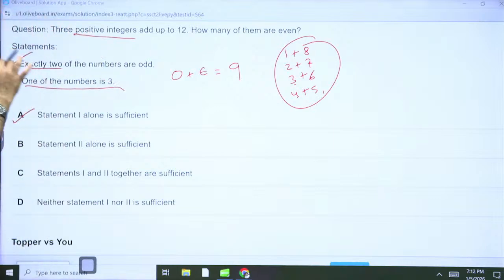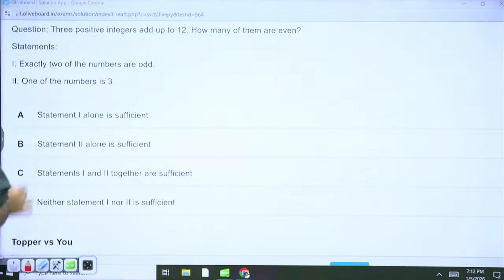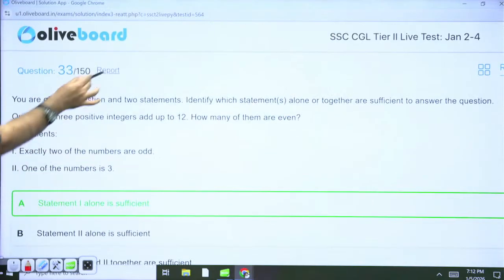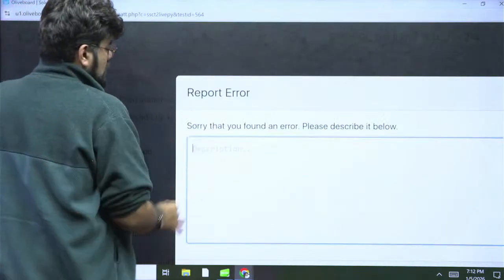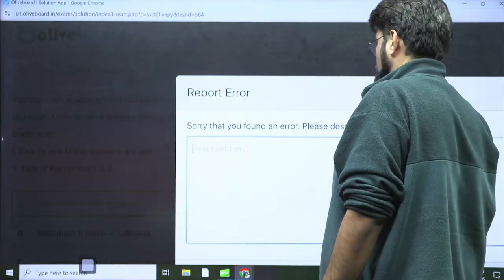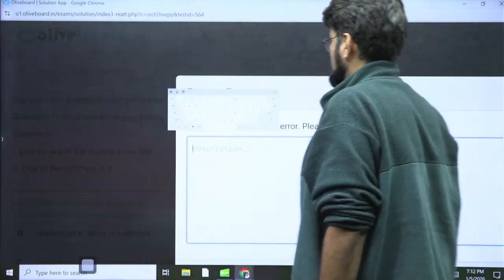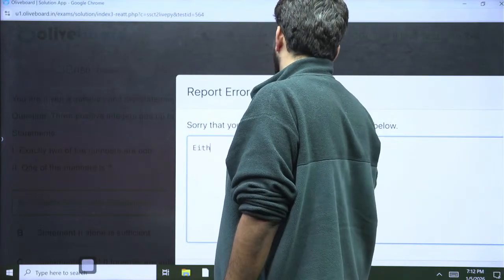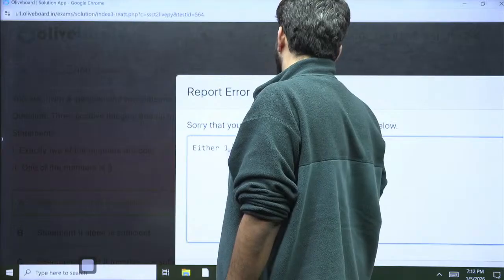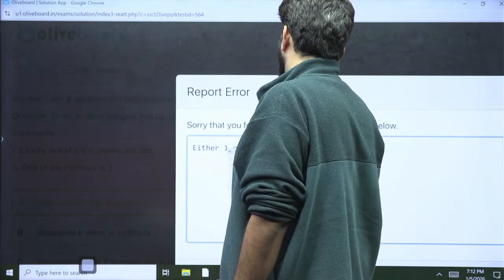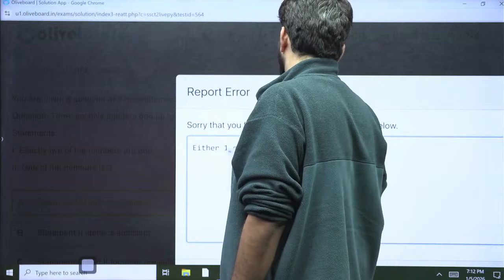So technically either or should have been the correct answer. This question is incorrect. If you have marked 1, it is right. But this question is incorrect. Okay, so I'll just mention it in front of you here: either 1 or 2 is sufficient.